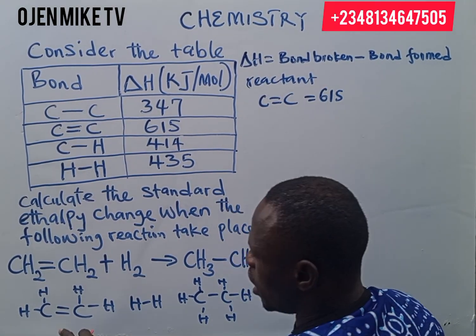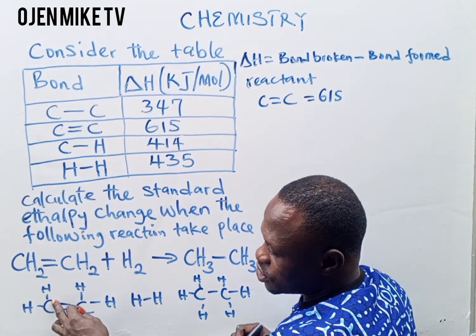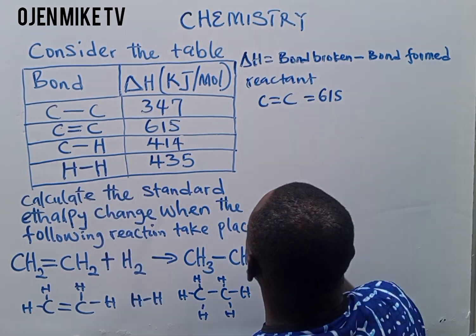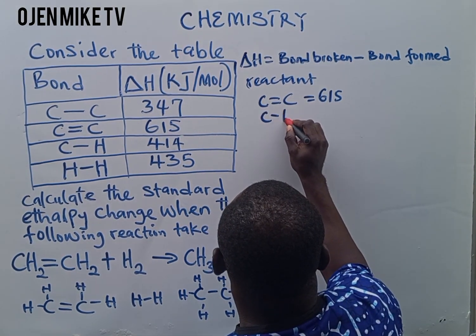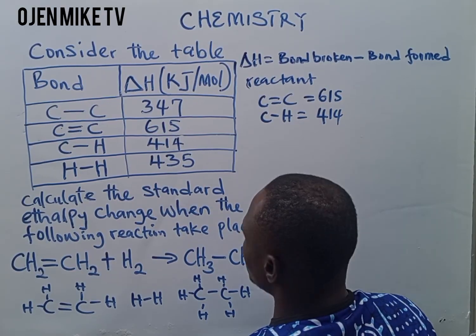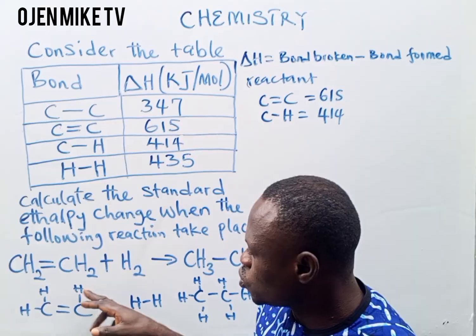615. The next thing you are seeing is C-H. C is bonded with H. What is given for C-H? We have 414. Now count the number of H bonded to C: 1, 2, 3, 4.